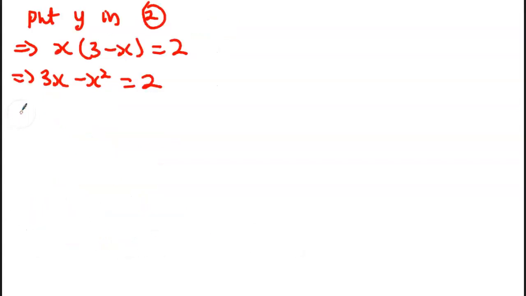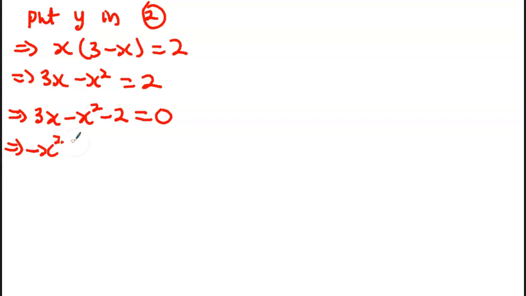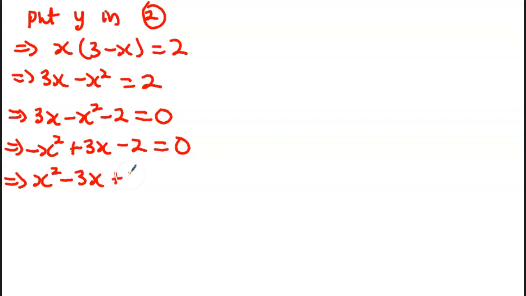We can rearrange this, making 3x minus x squared minus 2 is equal to 0. So we can do better. Minus x squared plus 3x minus 2 is equal to 0. And here is negative, so we can multiply through by negative. Then we have x squared minus 3x plus 2 is equal to 0.